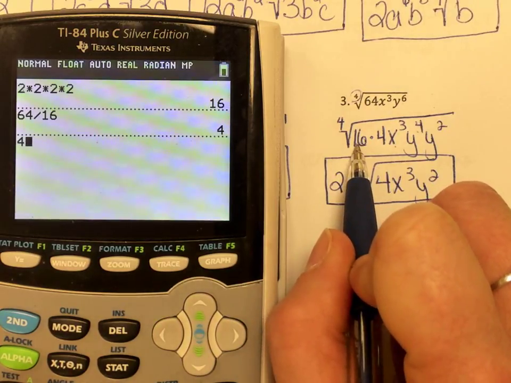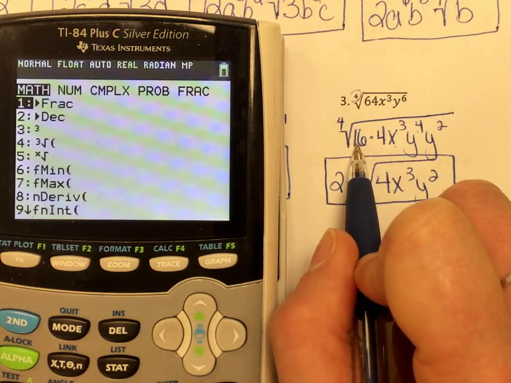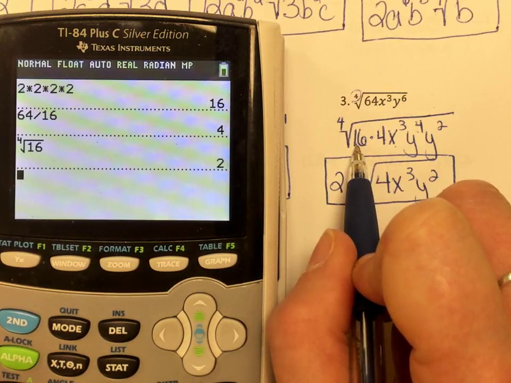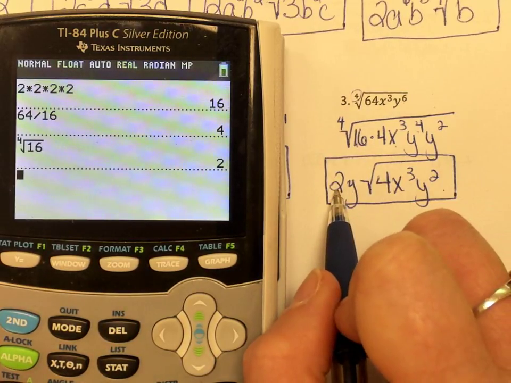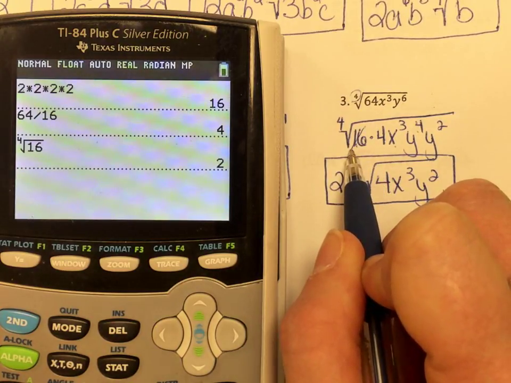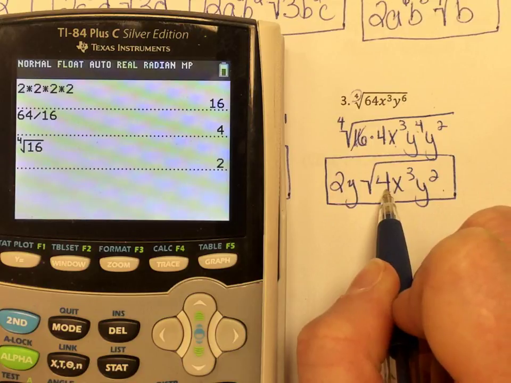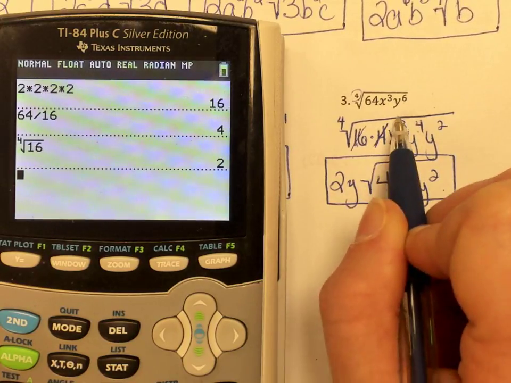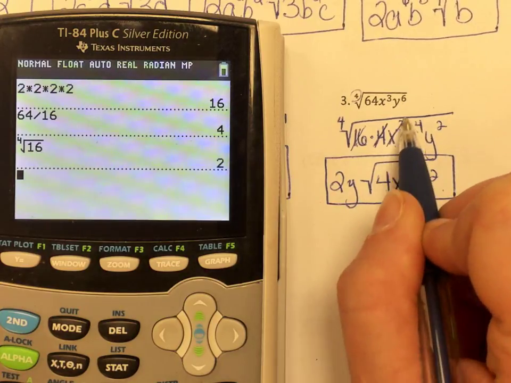So you hit 4, you hit math, you hit 5, 16, and you get 2. That's where I got the 2 from. Y'all okay so far? Alright, I brought down the 4 because you can't take the fourth root of 4. I brought down the x to the third because you can't do that one.